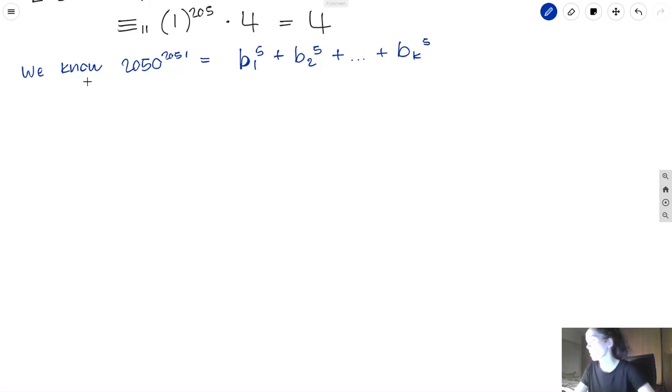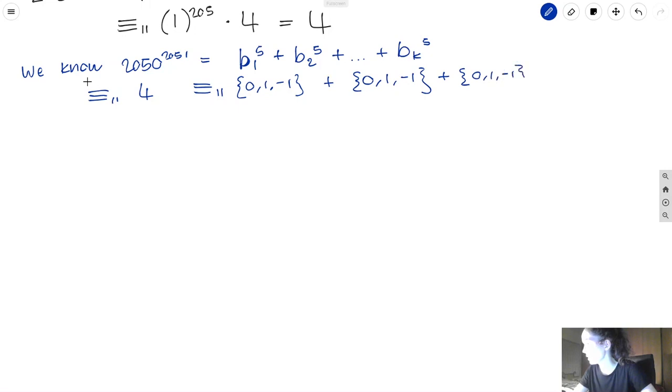So we want to minimize this k, that's what the question asks. So mod 11, this is going to be equal to 4, and we have deduced that the options for these to the power of 5 are going to be 0, 1, or minus 1, plus 0, 1, minus 1, on and on, until the last one has been reached.